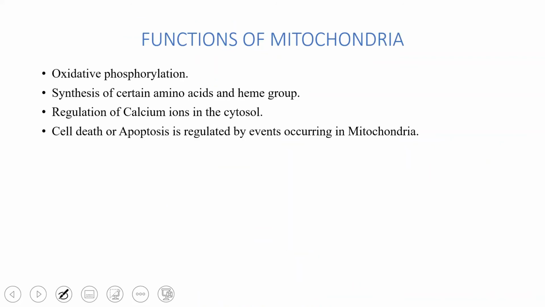So next comes the functions of mitochondria. Mitochondria has some really important functions, out of which the first one is oxidative phosphorylation or the electron transport chain. It's the last and the most important step in carbohydrate metabolism. It also functions to synthesize certain amino acids and heme group.